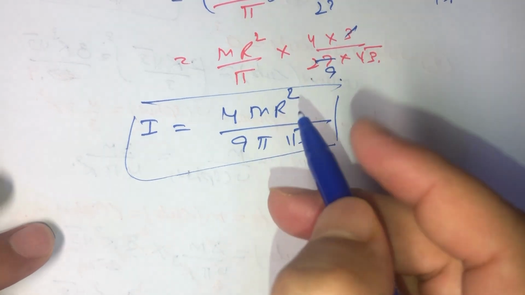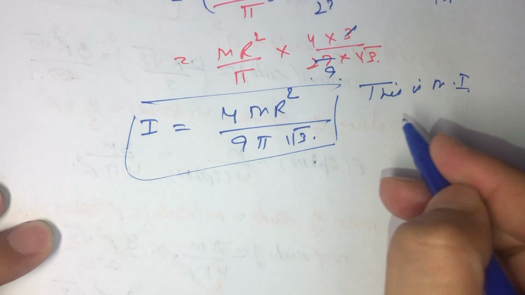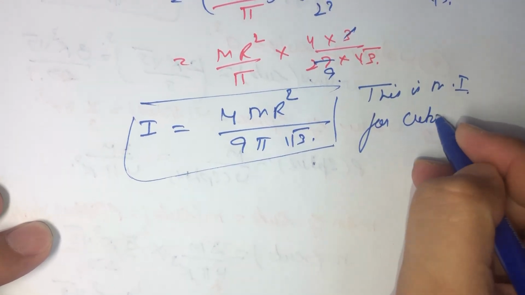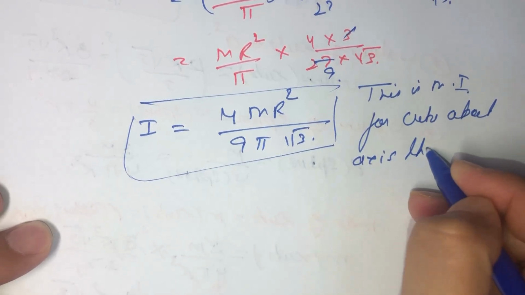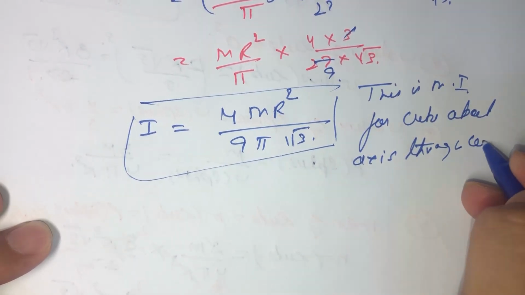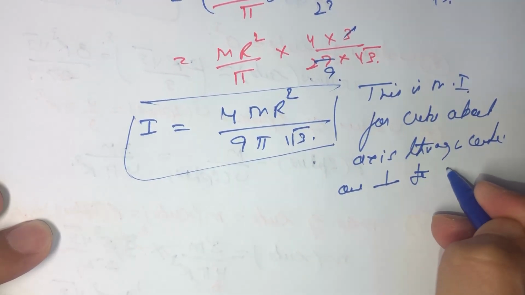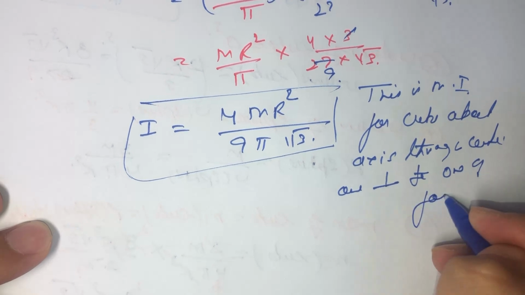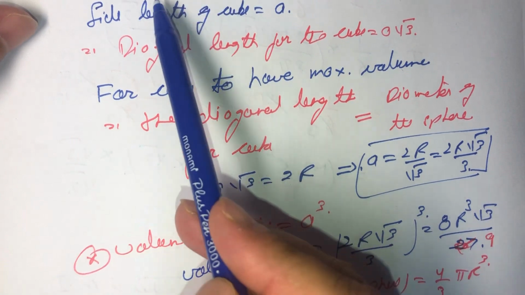So this is the moment of inertia for the cube about the axis through the center and perpendicular to one of the faces, and the option is 4 m r square, and the denominator is 9 pi.